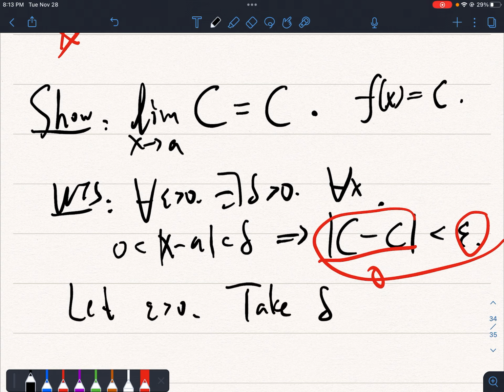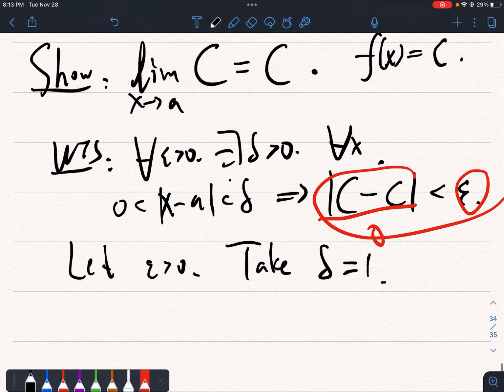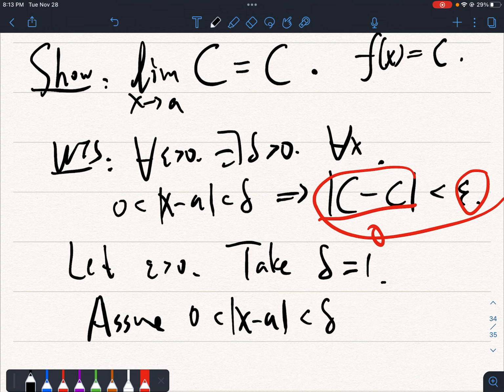So you can just say let epsilon be any positive number, and then take delta to be any value. You can just really say it's any value, but it's very, very special here. So maybe it's better to just fix some delta. Let's say delta is 1. So then if you want to show this is true, then you should really say let x in R and then assume this is true. But for simplicity, you just assume this is true, okay?